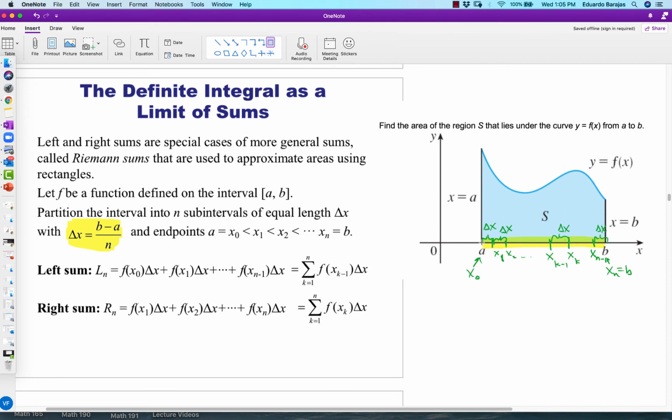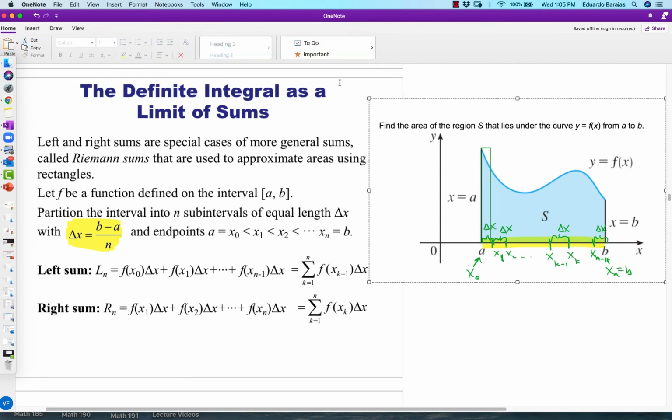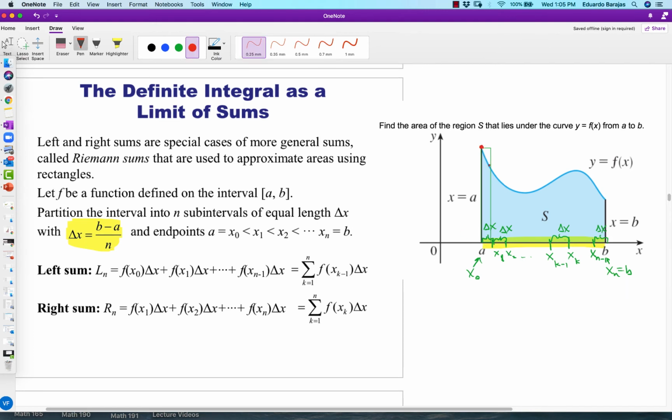If we put a rectangle right here and use the left-hand rule, it'll go up to approximately there, where this is the point I used to establish the height, and that point is f of x sub naught. Looking at this sum, that first multiplication of delta x times f of x sub naught tells you the area of that first approximating rectangle.